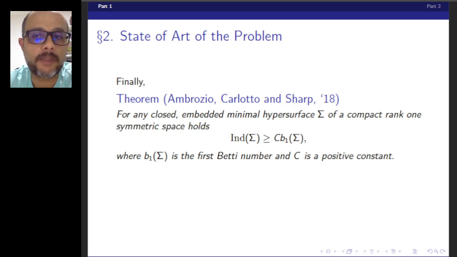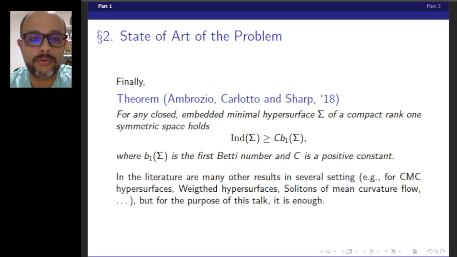The geometric interpretation is that if you have a lot of topology in this hypersurface, the index is very large. That says the instability is very large. Okay, but this result is qualitative. You don't have a good constant in this theorem.